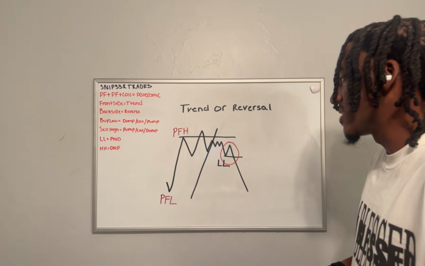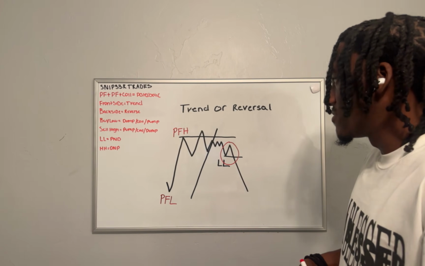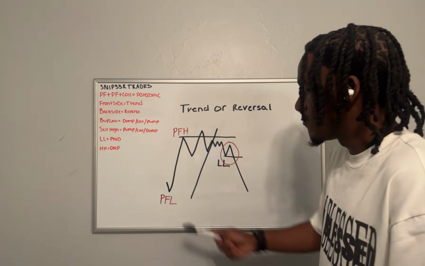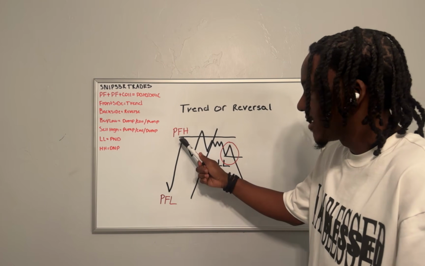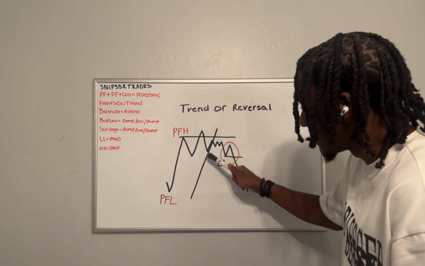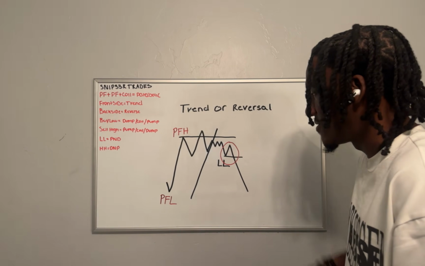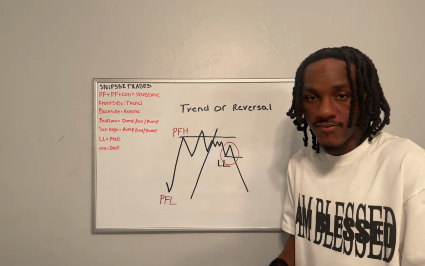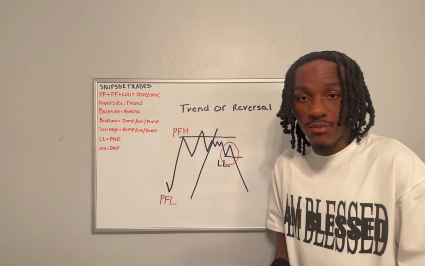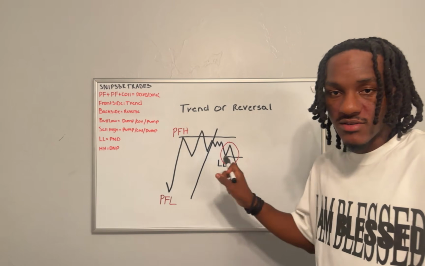Now, I will also say this. This is part of my process here. Peak formation plus consolidation equals parabolic. Now, this is my plan A. Now, let's just say I'm a boxer here. This is my jab.